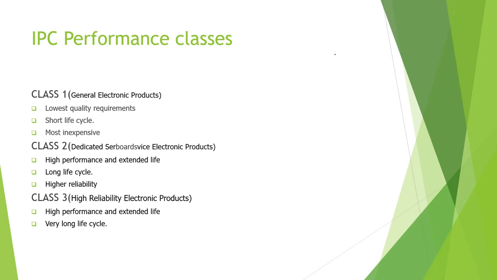Class 3 is high reliability electronic products, very high reliability, which means it never fails. It never fails in different temperatures or any other conditions. It should work perfectly even with many magnetic interferences.